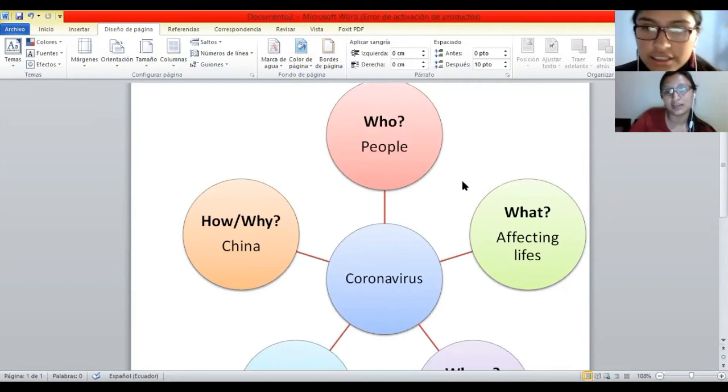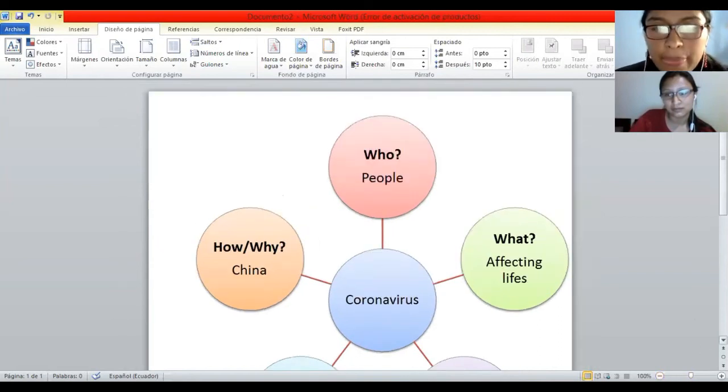Teacher, I can't hear. So sorry. Yeah. What I would like to advise for this work: you did a very good job, well done. I'm going to give you just some advice regarding the graphic organizer. First, for who, I asked you to write an article regarding our country or your school.